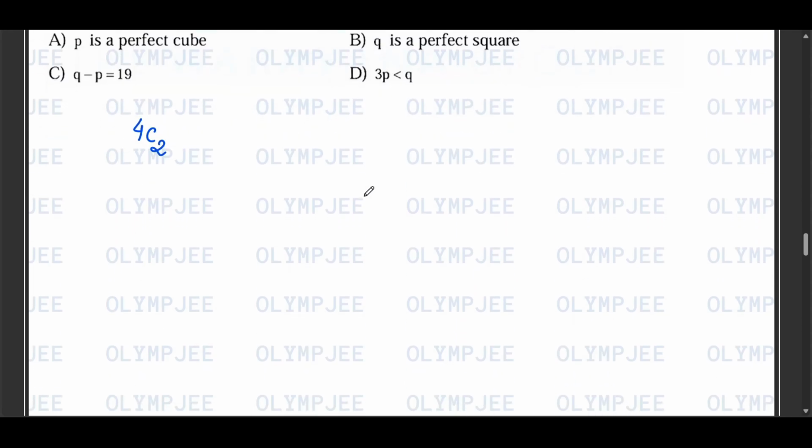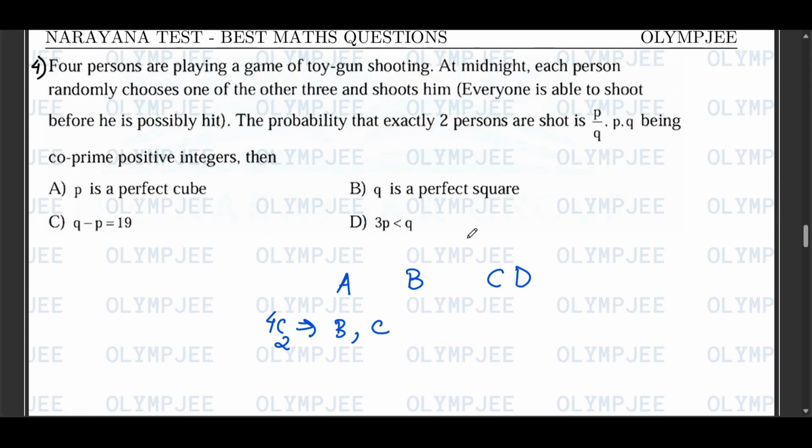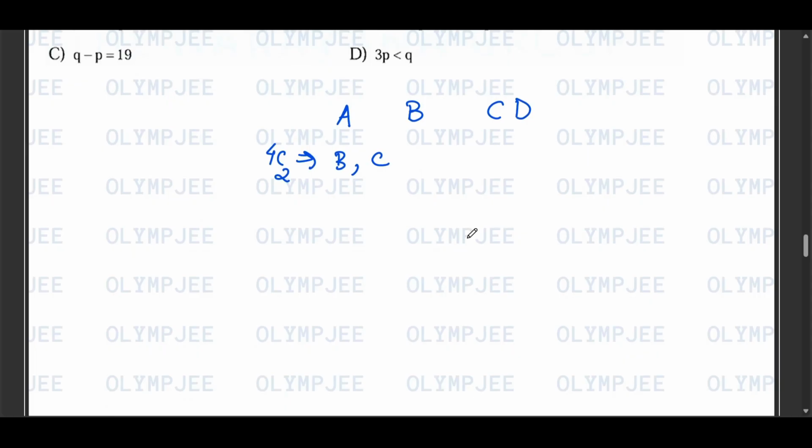So let us take A, B, C, D. So 4C2 gives us, let us assume that B and C are chosen, right? So A has 2 options now. A can shoot B or C. B can only shoot C because he cannot shoot himself.